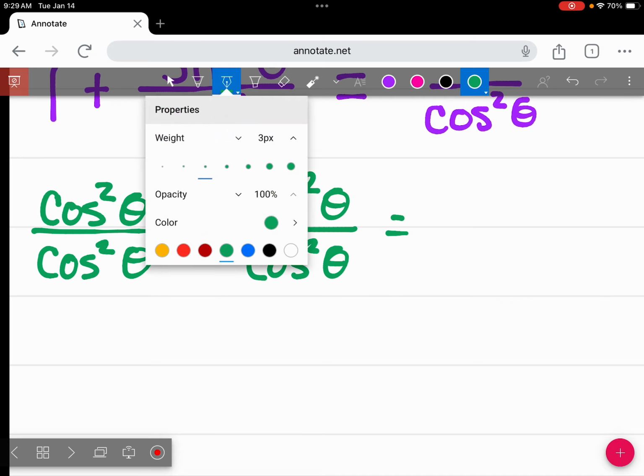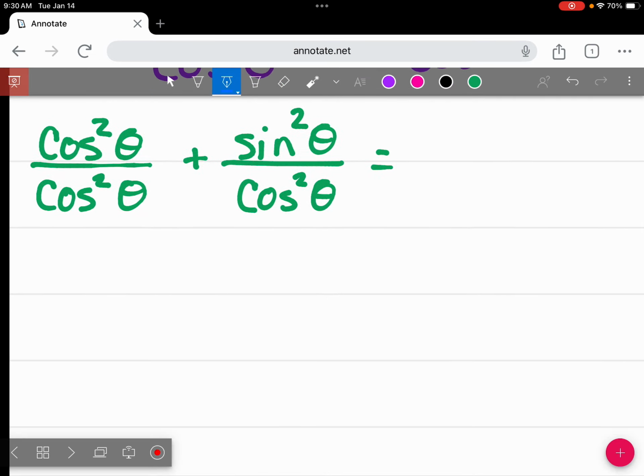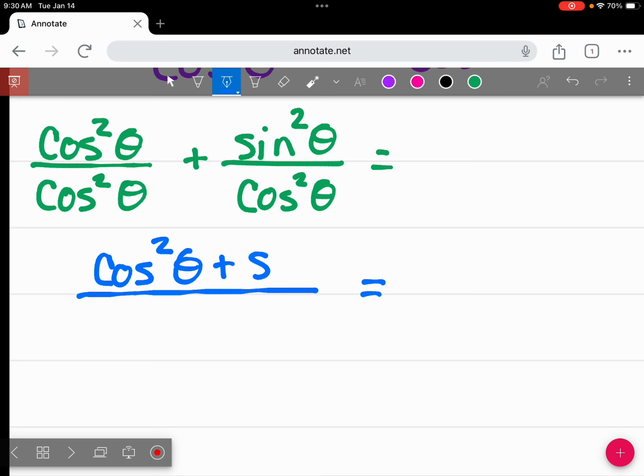So we got it to a common denominator. What can we do next? Yeah, put them on the same line. So we're combining our fractions. We've got cosine squared theta plus sine squared theta over cosine squared theta.